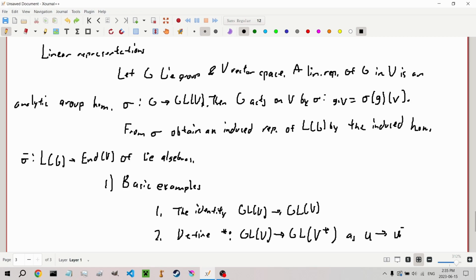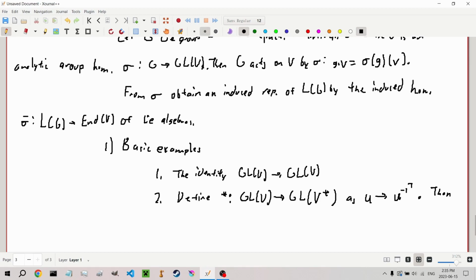Or maybe inverse transpose would be, I don't know which way is better. Then this star is a Lie group isomorphism.